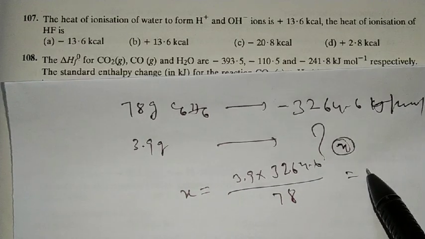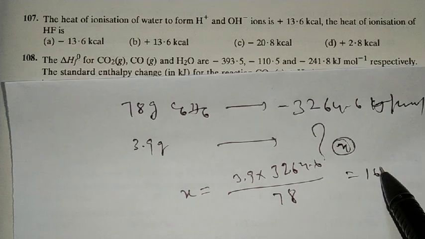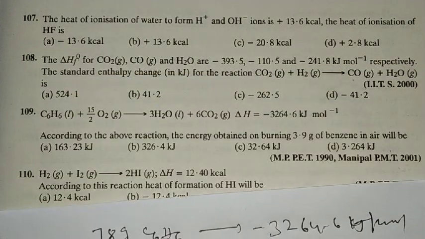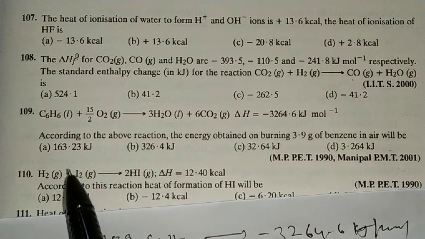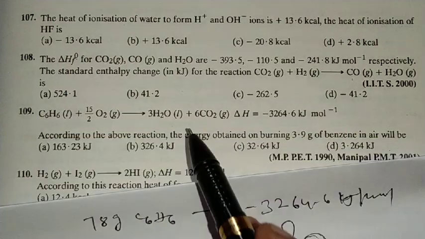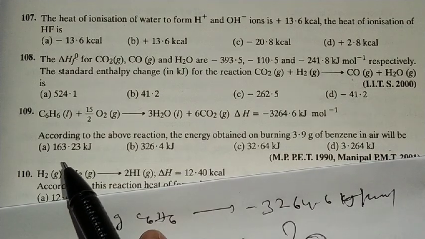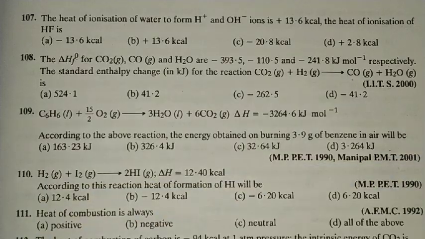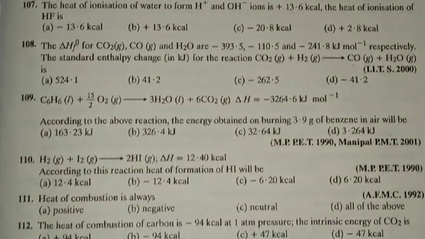If you simplify, you'll get 163.23 kilojoule. Is it okay? So 163.23. Of course, it is a negative value, but they ask how much is released. In the releasing condition, you need not show the negative value. So option A. Right. Look at the next question.